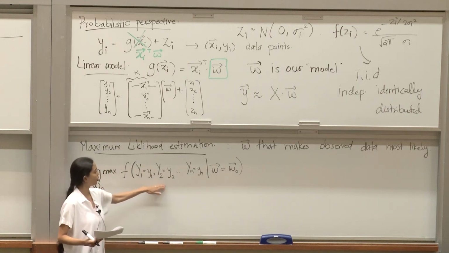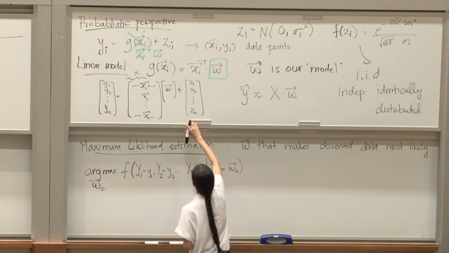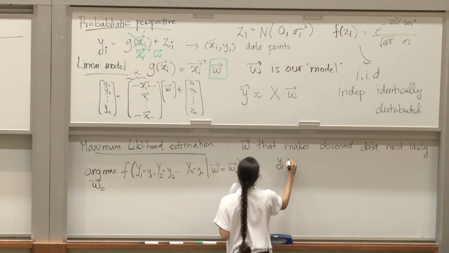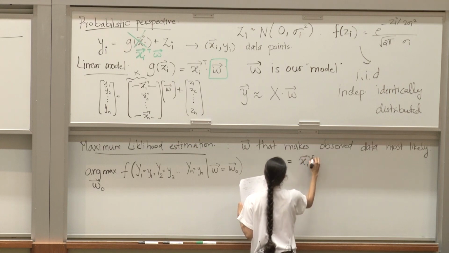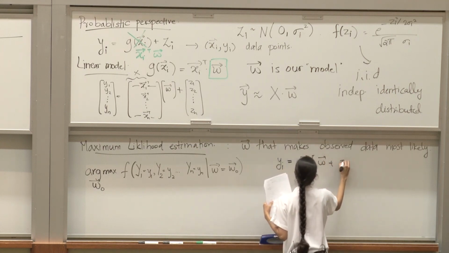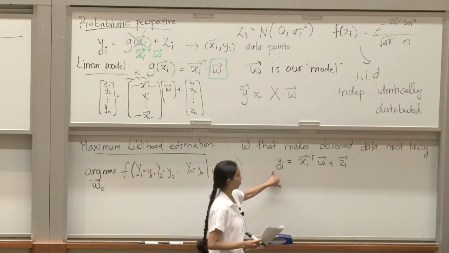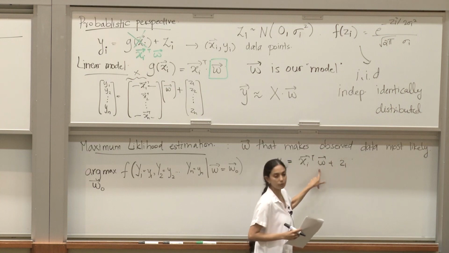So I have y1, y2, up to yn. Every yi has this linear relationship: yi is equal to xi transpose w plus zi. Remember, I know xi and yi. I do not know zi. And w is what I want to estimate.